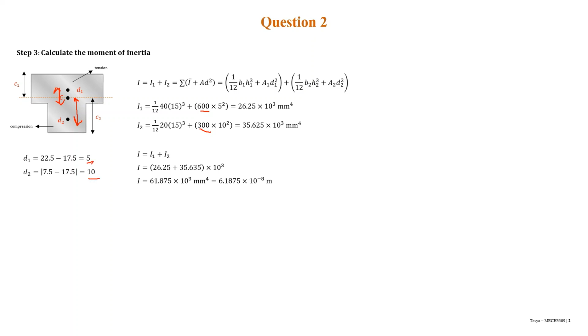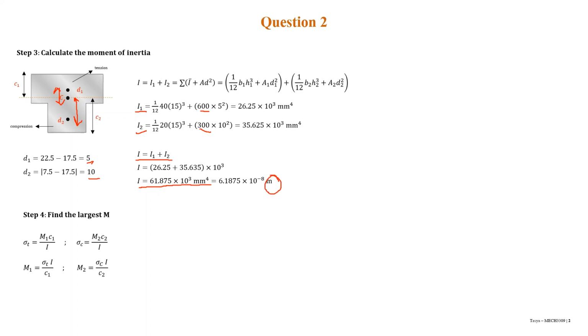And we put everything into the formula and we obtain the I1 and I2. To find the total moment of inertia, we have to sum up I2 and I1. And we obtain the total I is 61.875 times 10 to the power of 3 millimeter to the power of 4. But since we are going to deal with meter as the unit here, we need to convert it into meter to the power of 4.